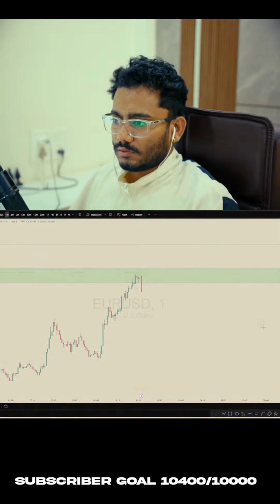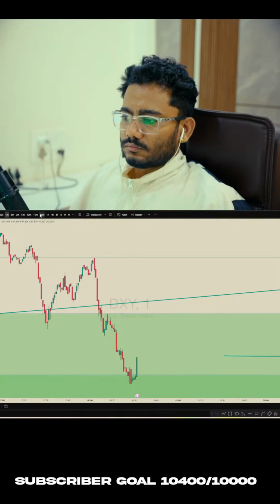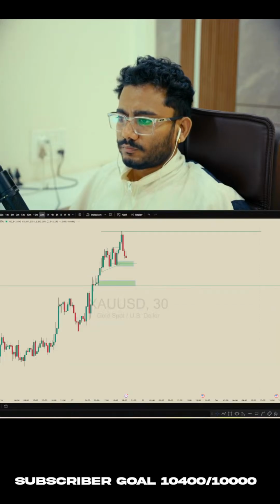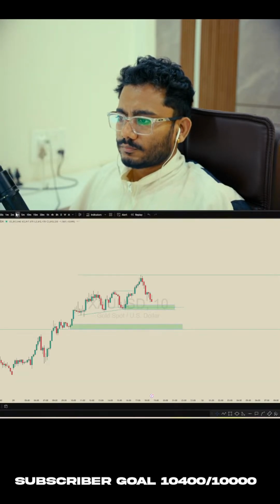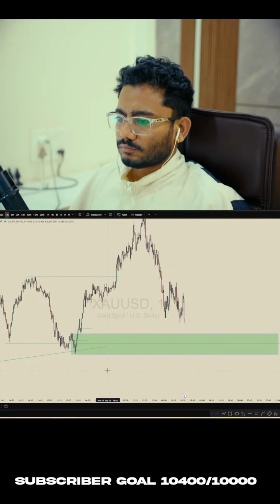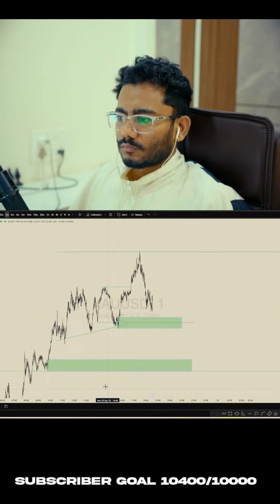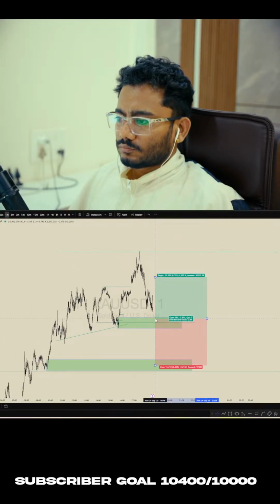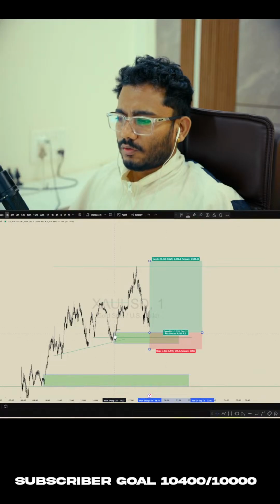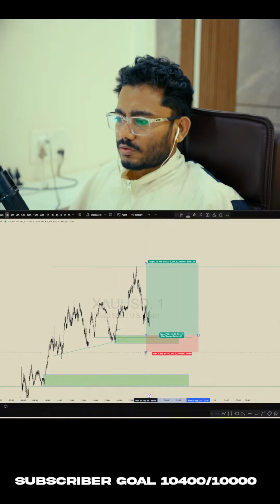Let's look at DXY. If you look for entry from here, it's 1 is to 4.